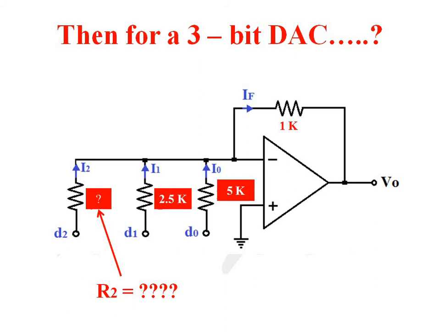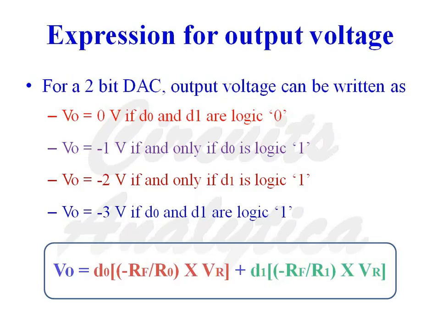So value of previous resistance for R2 is equal to 2.5K. So value of R2 is equal to half of 2.5K. That means R2 is equal to 1.25K.